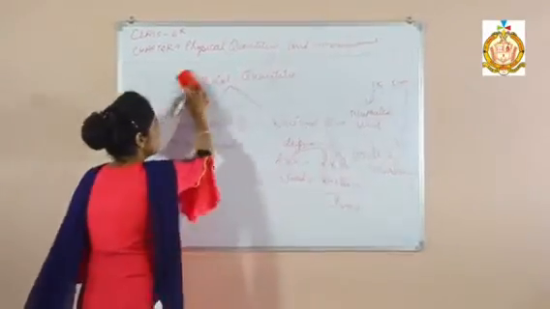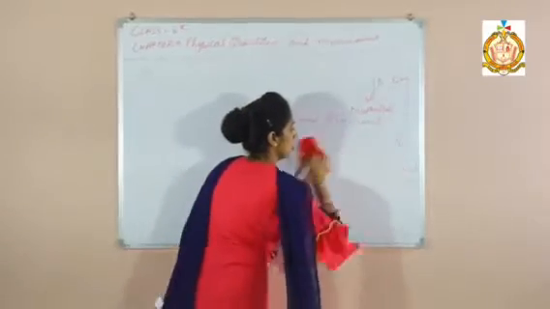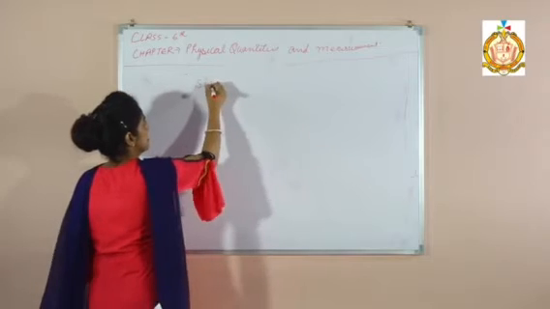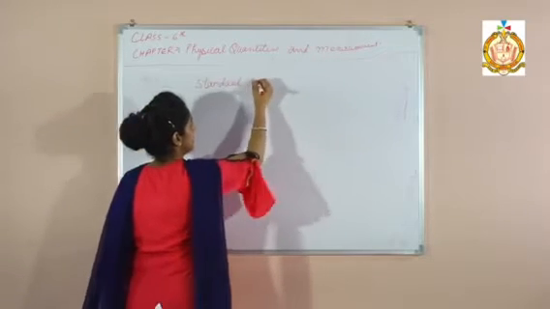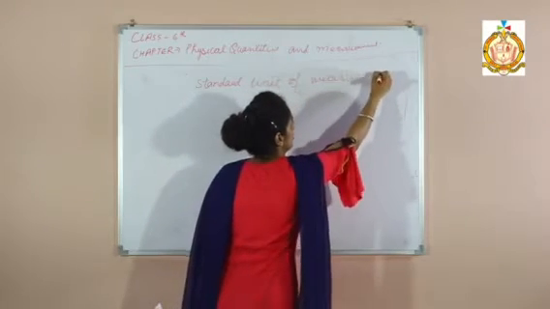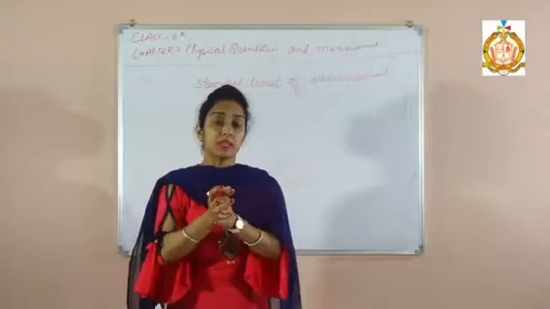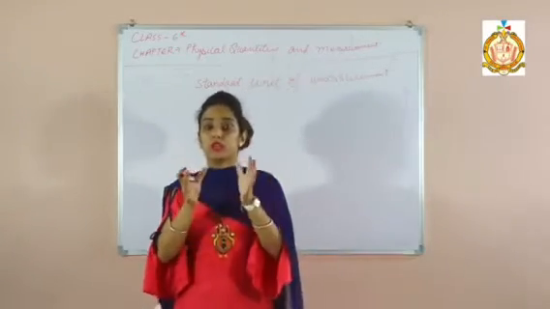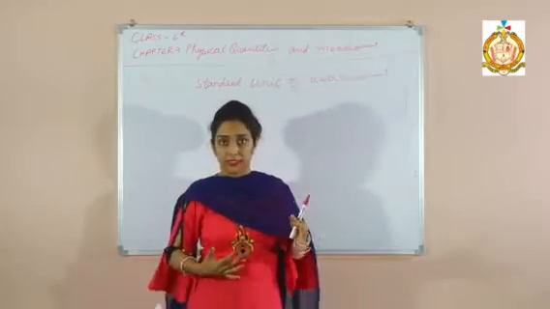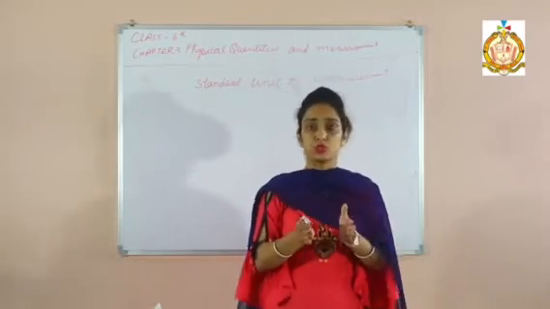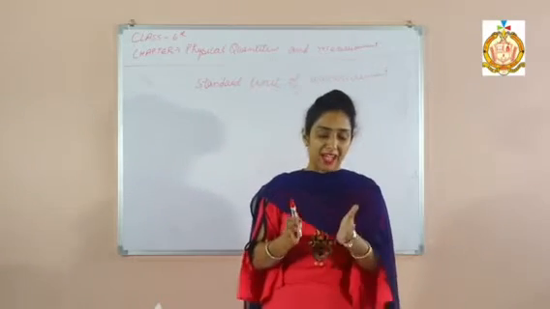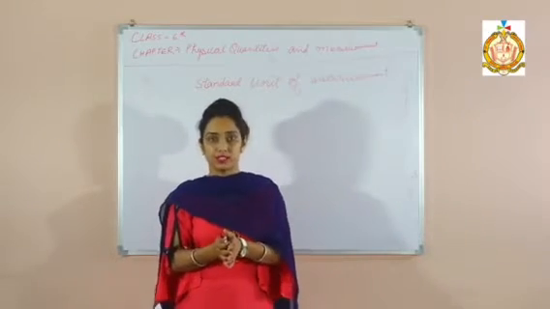Now come to the topic, standard unit of measurement. See students, in earlier times, we measured things with the help of hand span or foot length. But it varies from person to person or place to place. After that, the standard unit came into invention and it gives a very accurate result, right?